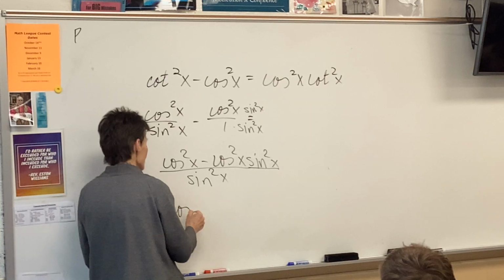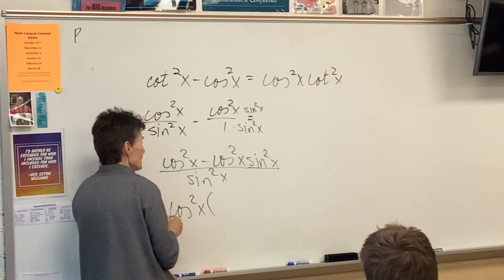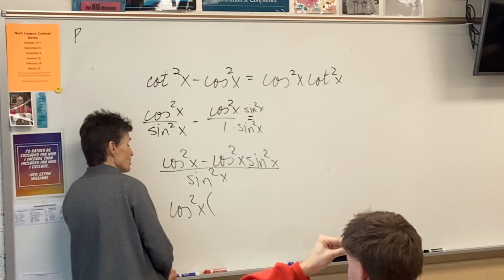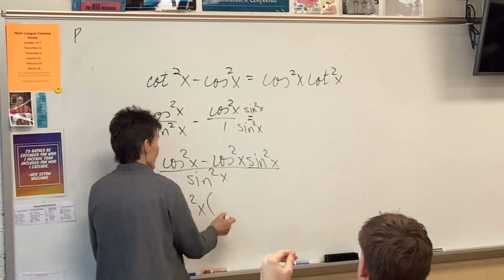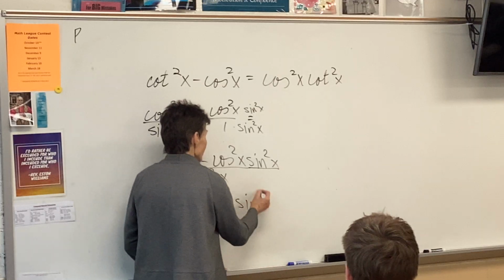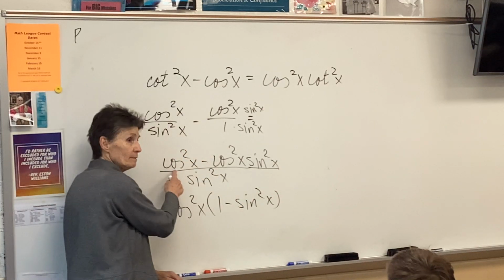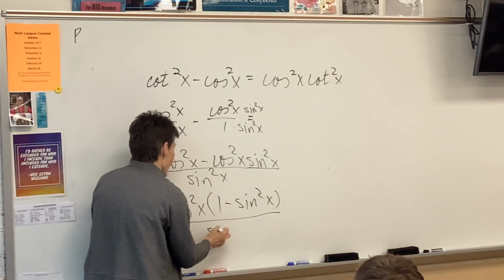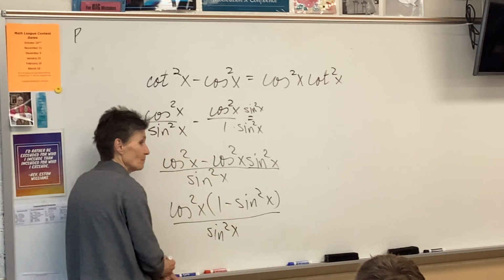Let's pull out a cosine squared. And what will I have left on the top? If I pull out a cosine squared, I'll be left with 1 minus sine squared. And of course, what is 1 minus sine squared?